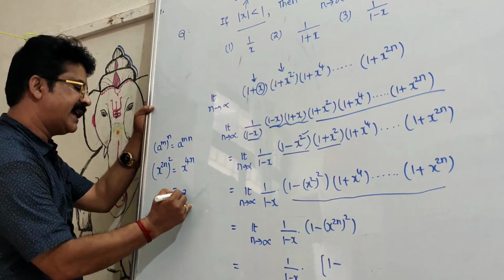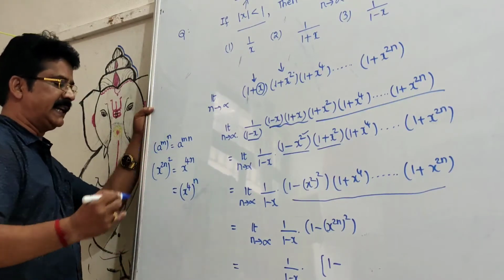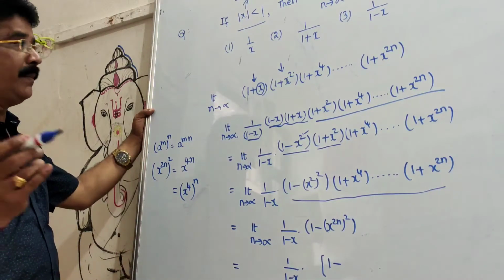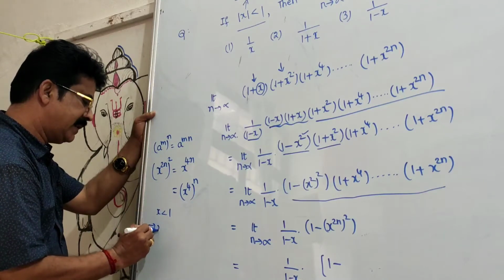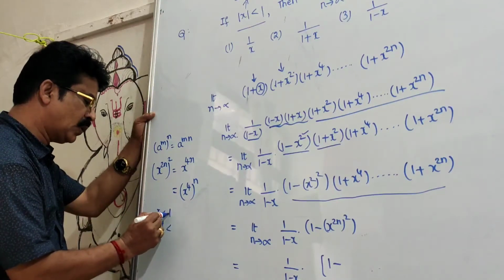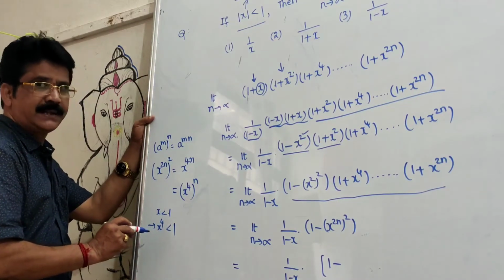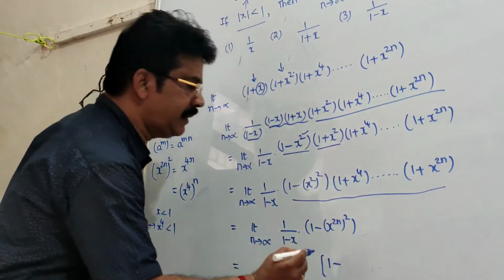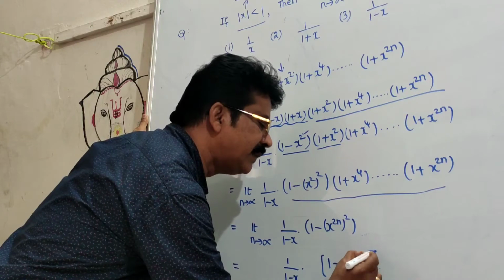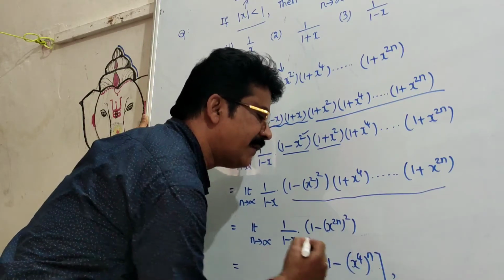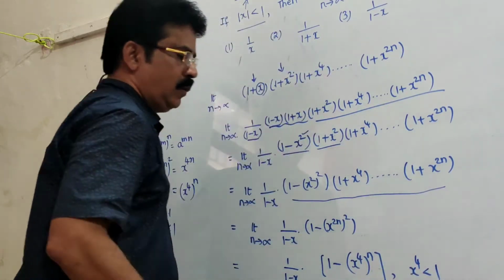It can be written as x to the power of 4 whole to the power of n. Remember, whenever x is less than 1, then x to the power of 4 is also less than 1, and of course it is positive. Understand? Right. Here it can be written as x to the power of 4 whole to the power of n, whereas x to the power of 4 is less than 1.